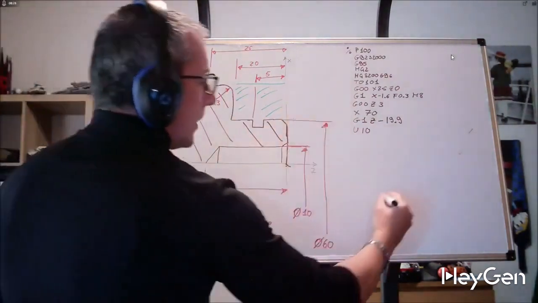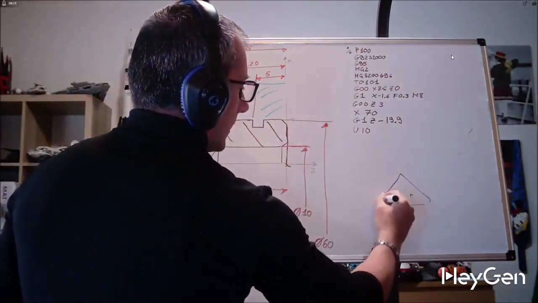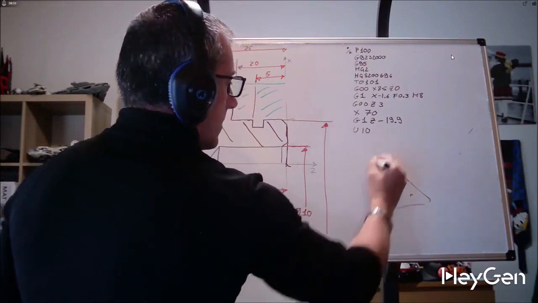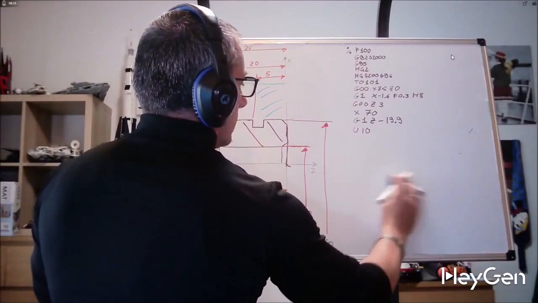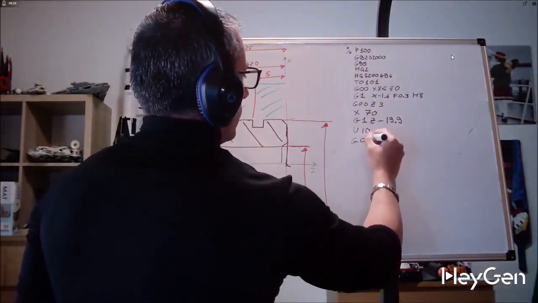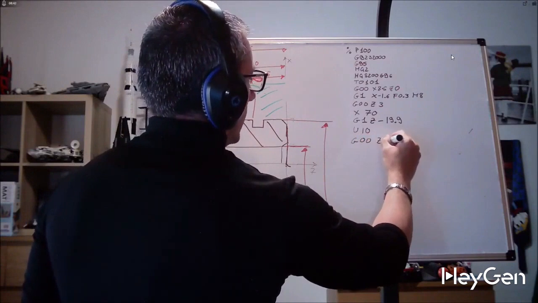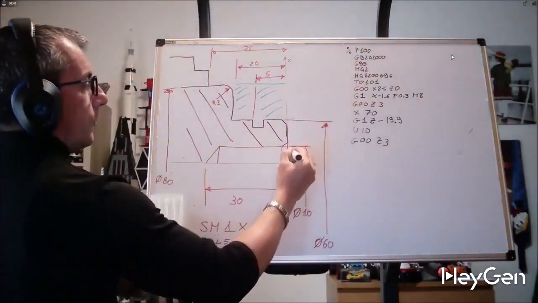And the possible inclination of the insert that is cutting is straightened to avoid unpleasant lines during the finishing phase, G0 Z3. So what I did was finish the chamfering.